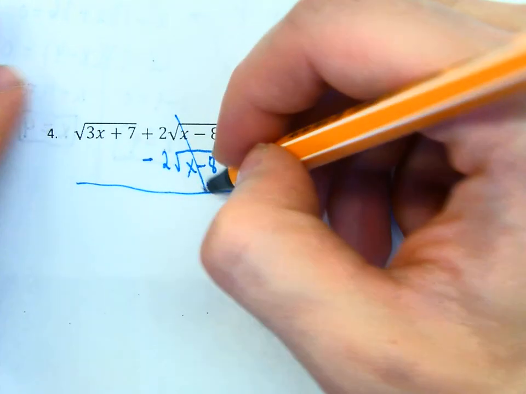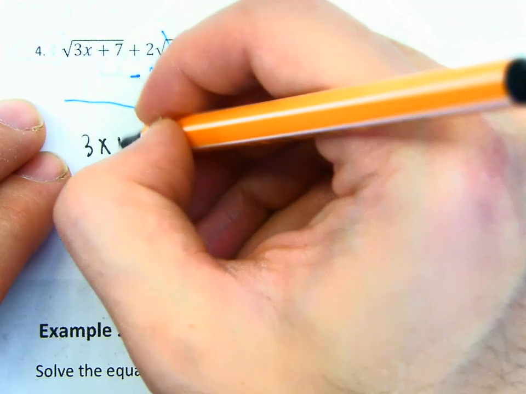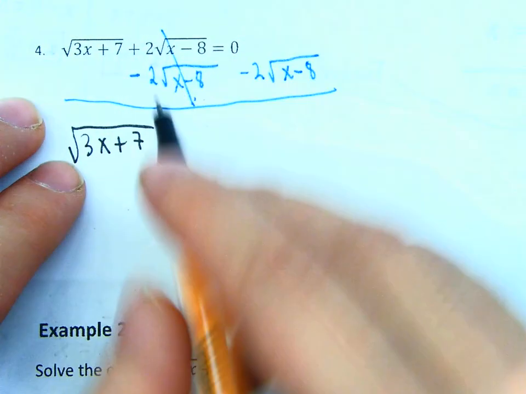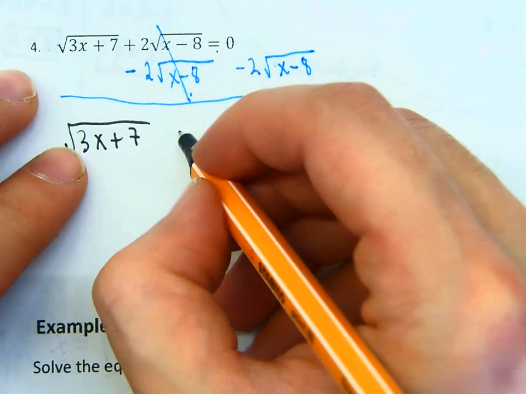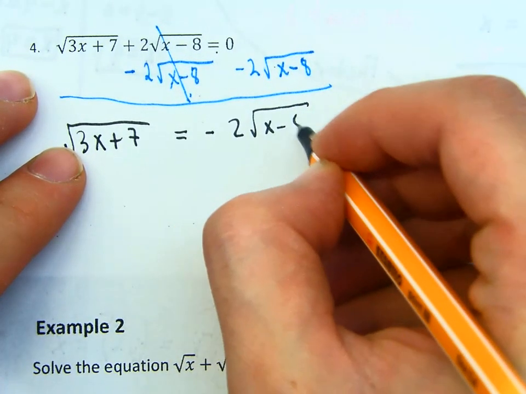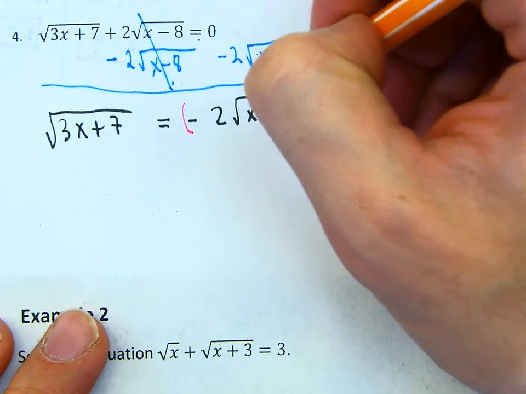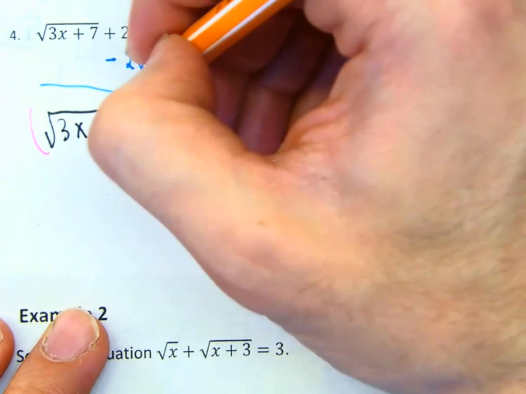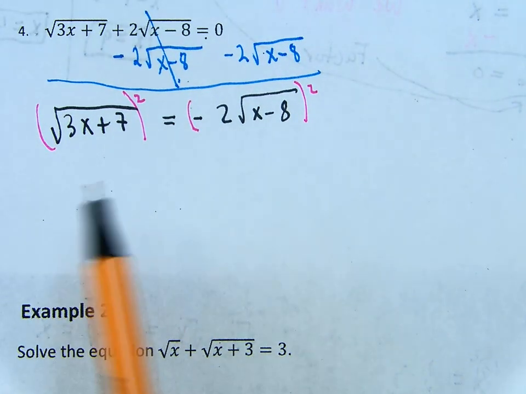Because this cancels, and on the left side, you're left with 3x plus 7, like the square root of this. This cancels, and you see on the right side, you're left with negative 2 radical x minus 8. And now here, the idea is you square both sides. And then you continue forward. Okay? Good luck. I believe in you.